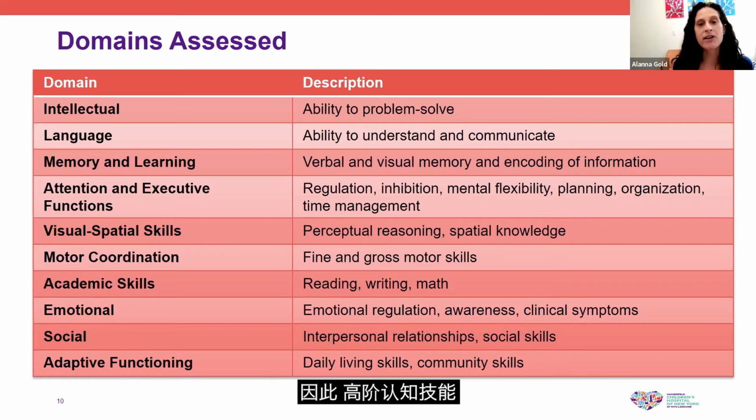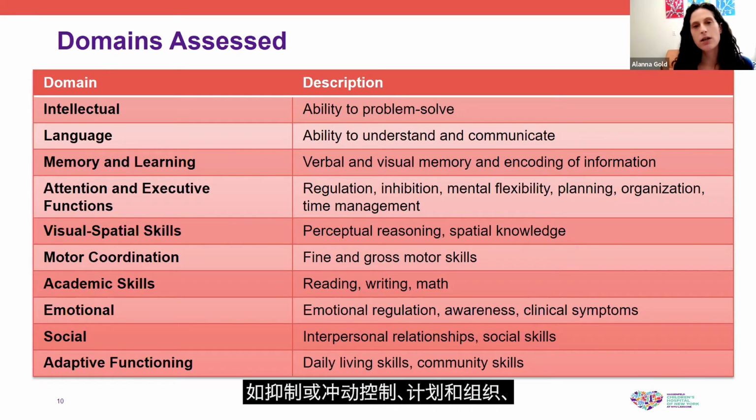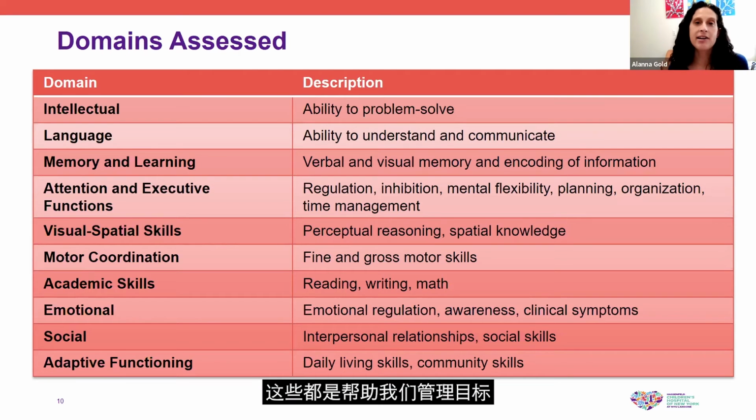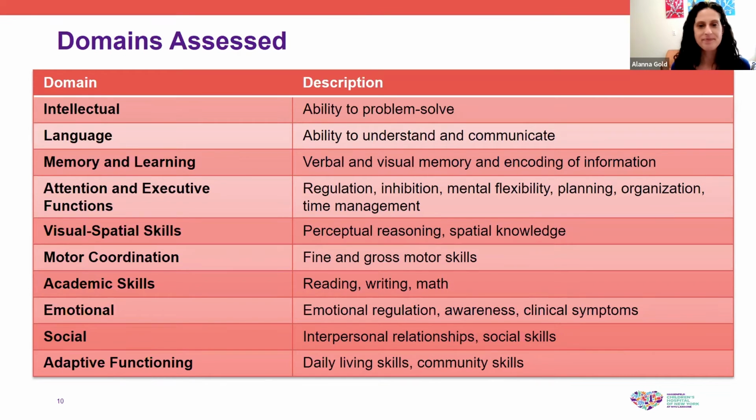So higher order cognitive skills such as inhibition or impulse control, planning and organization, abstract problem solving and flexibility, time management, and these are all higher order cognitive processes that help us to manage goal-directed behavior.